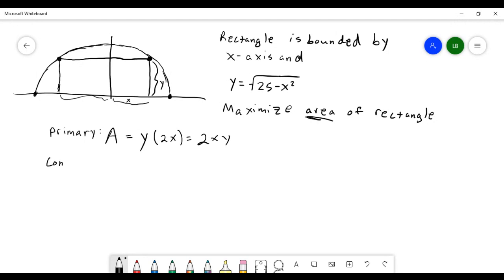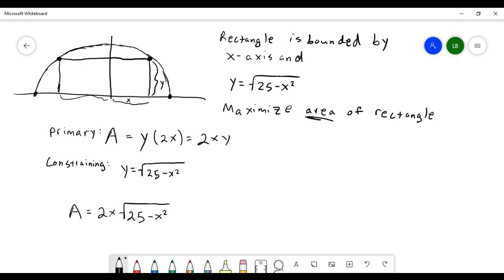And then our constraining equation is nothing more than what's actually given: y equals the square root of 25 minus x squared. So then what we need to do is substitute y out of our primary equation. So our area is 2x times the square root of 25 minus x squared.